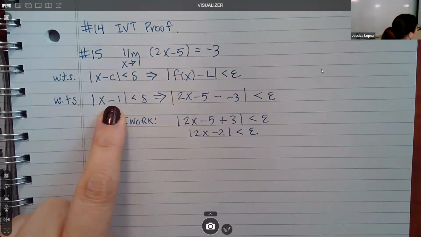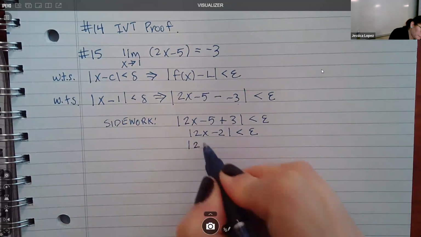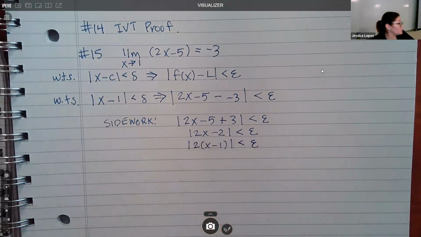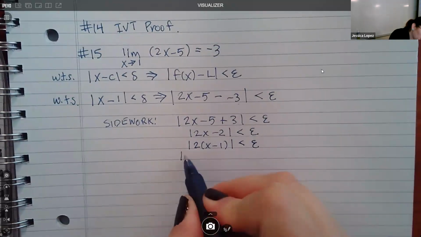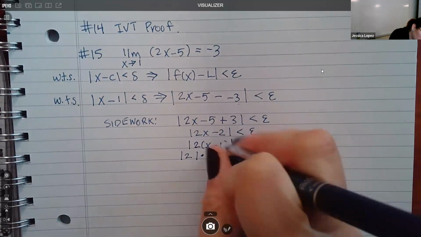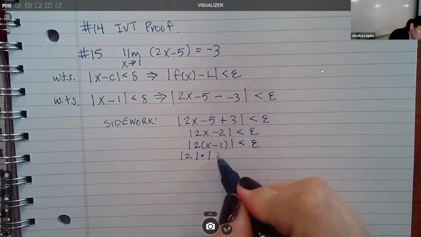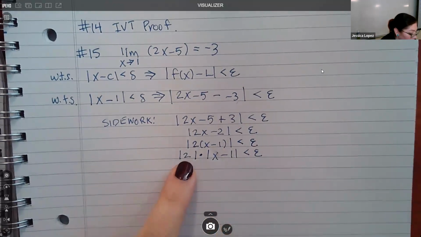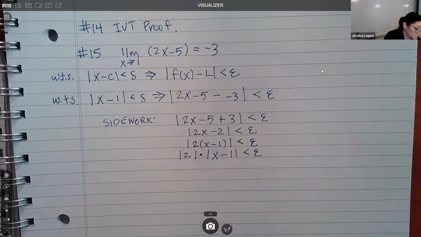So what do you think I need to do to make that look like this? Factor out the 2. It's getting closer, right? But I want the 2 outside the bars, so you have to separate it into its own bars, because it was inside the bars. What is the absolute value of 2? Just 2.